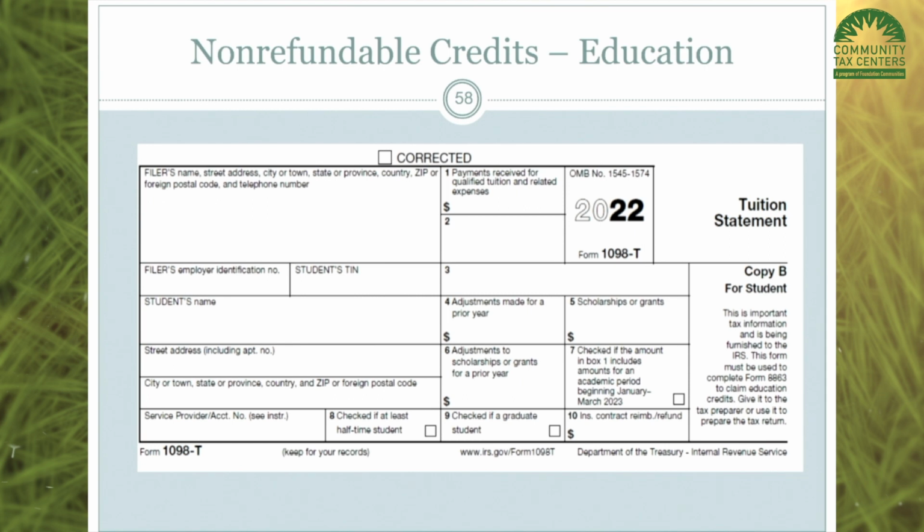So that's where it comes in when I'm talking about those community college students. Maybe they only have a net amount of $500. Do we want to use the $500 to get their American Opportunity, or just use the lifetime learning when they're going to transfer, and the cost of attending school, the tuition, is going to go up? Also, if we see that this is not checked on here, even though box 9 is not checked, we also know that it's going to be a lifetime learning, because for American Opportunity, they have to be at least half-time.